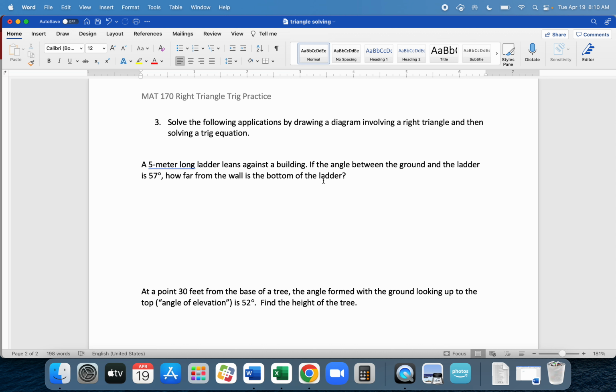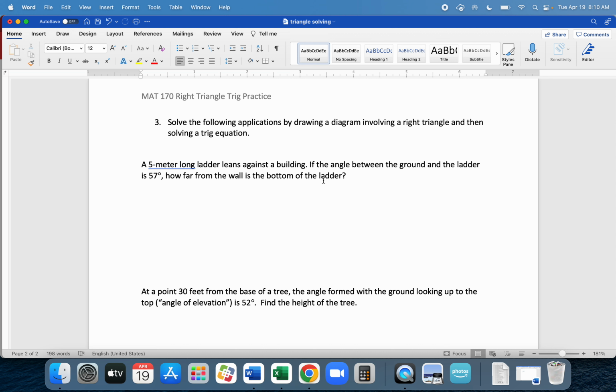What we're asked is, let's see, if the angle between the ground and the ladder is 57 degrees, which I believe we had a 58, we've had 54 degrees, we've had 58 degrees, so 57 is going to be pretty similar to the triangles that were the first and second questions we dealt with, just different size.